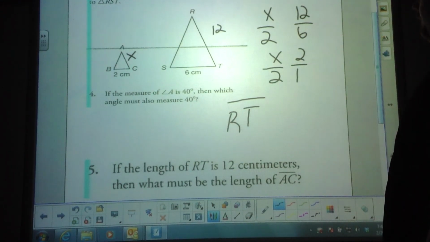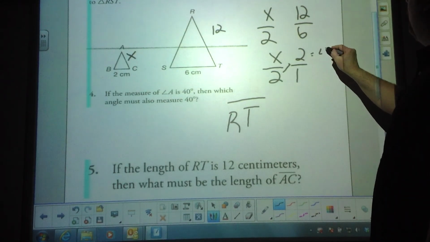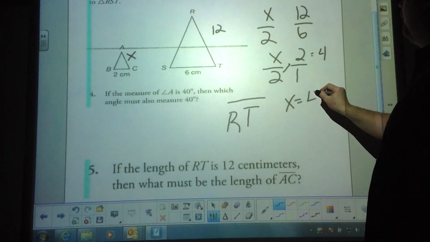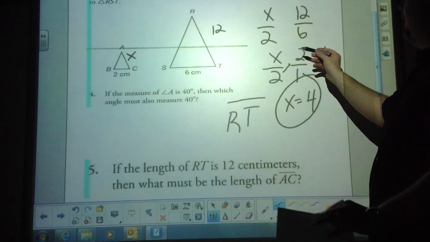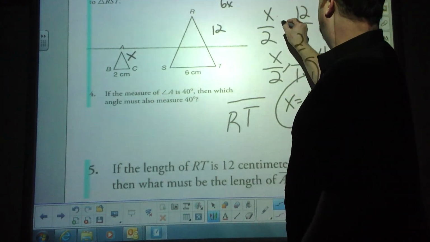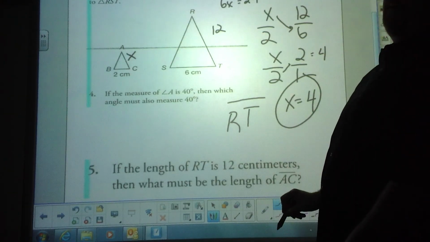That makes things a lot more simple. So I'm going to say 2 times 2 is 4. X times 1 is just x equals 4. Or if you did it the other way, it would come out with the same answer. Here you would have 6x equals 24. Okay?